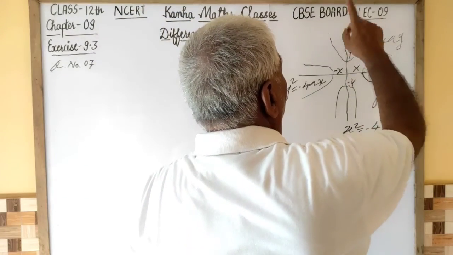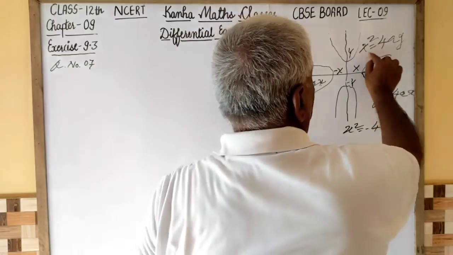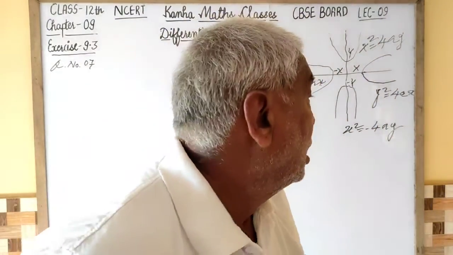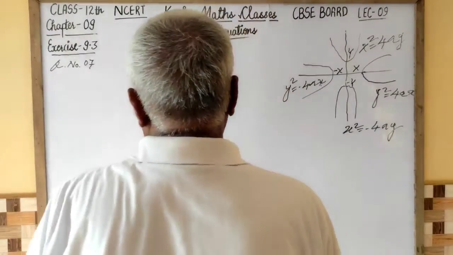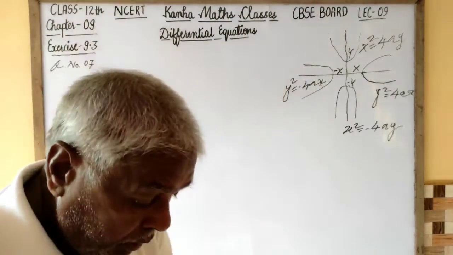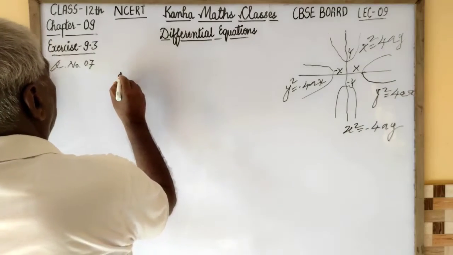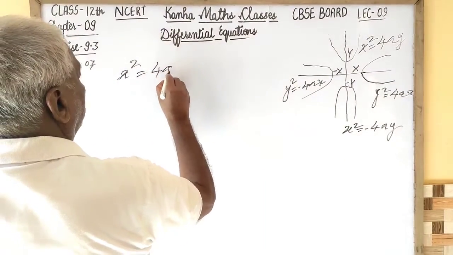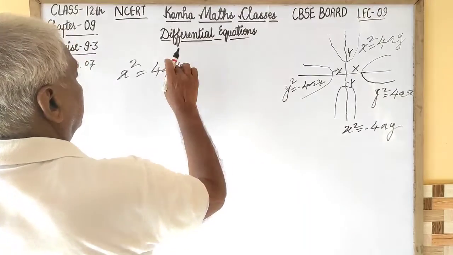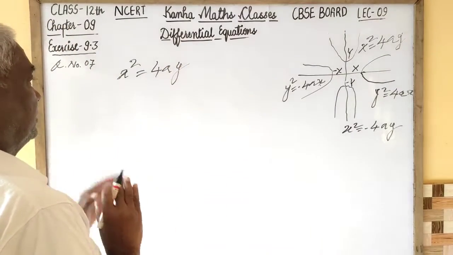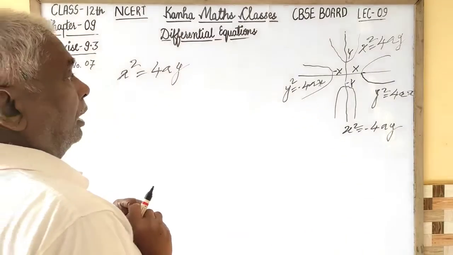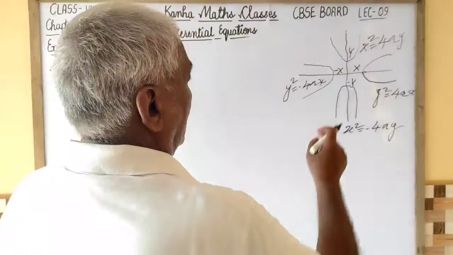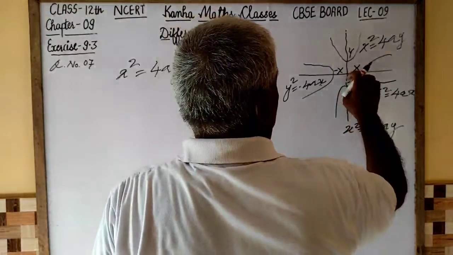Axis along positive y-axis means the equation of parabola will be x square is equal to 4ay. This will be the requisite equation of the parabola having positive y-axis and vertex at the origin, that is 0, 0.